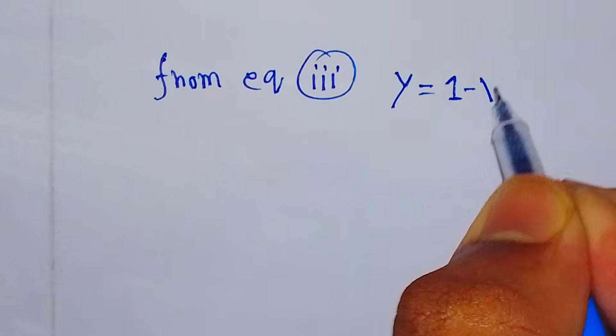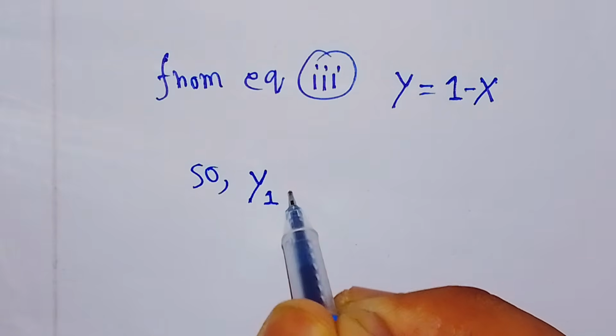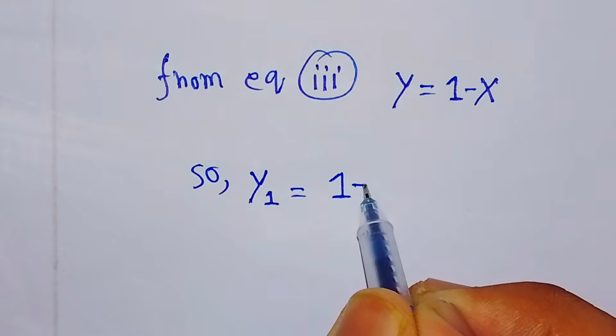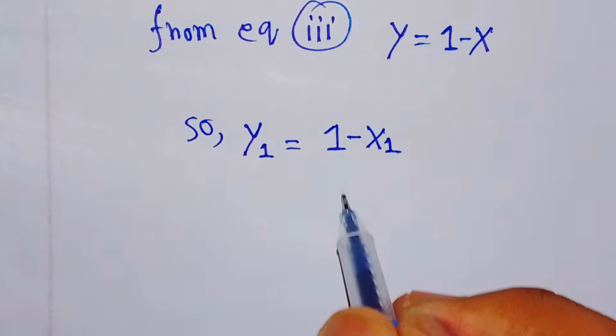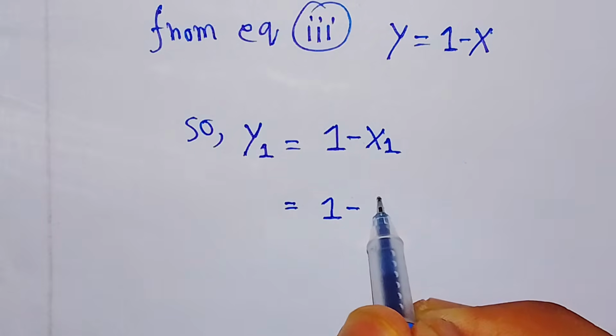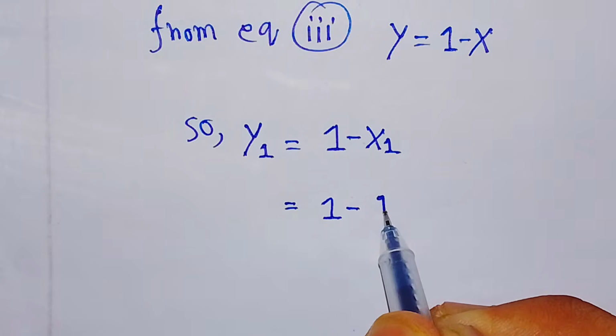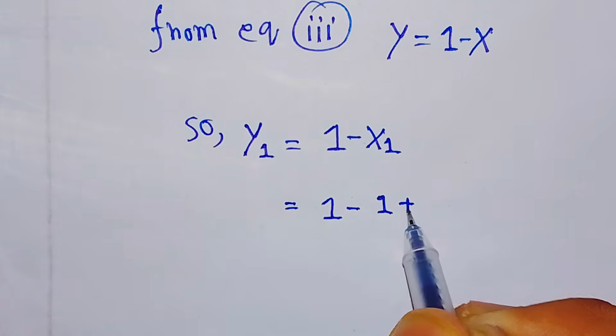If we write y1 = 1 - x1, we replace the x1 value we got previously: 1 - (1 + √3 i) / 2.